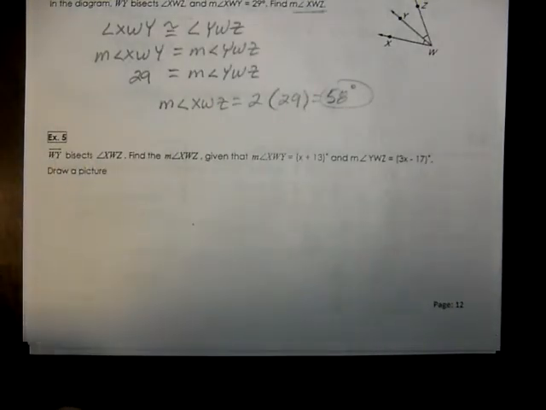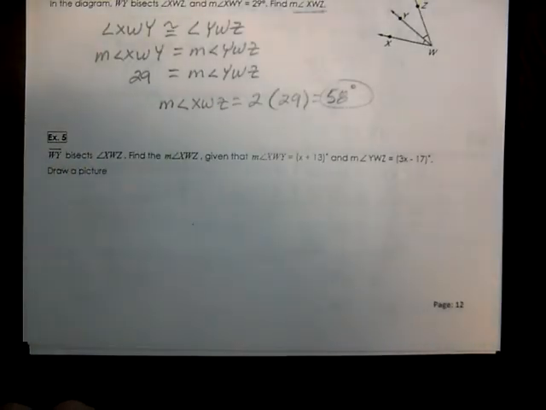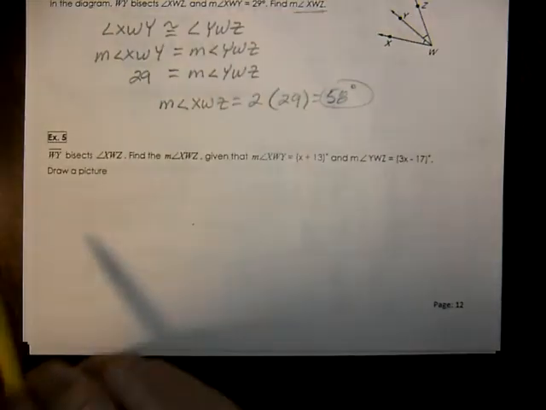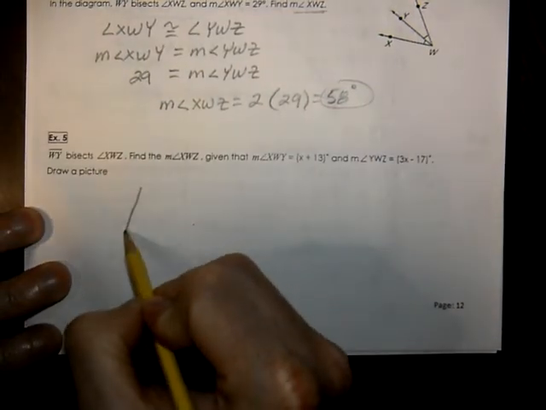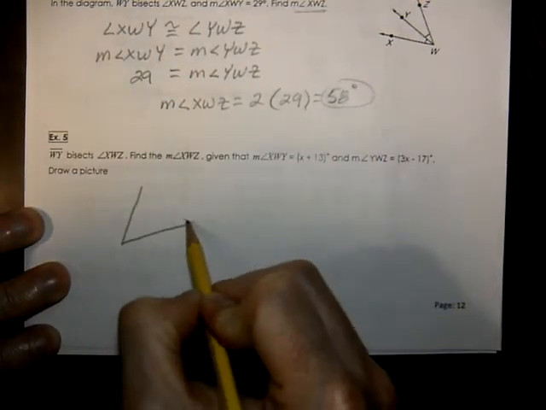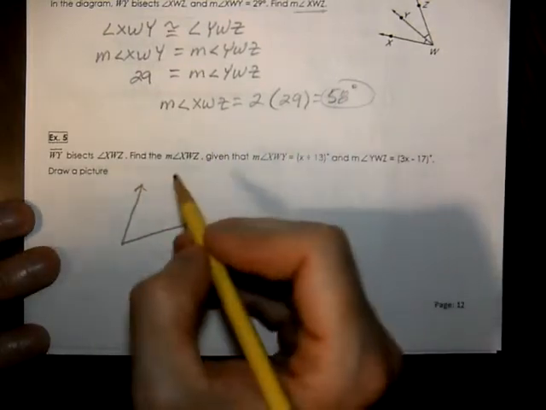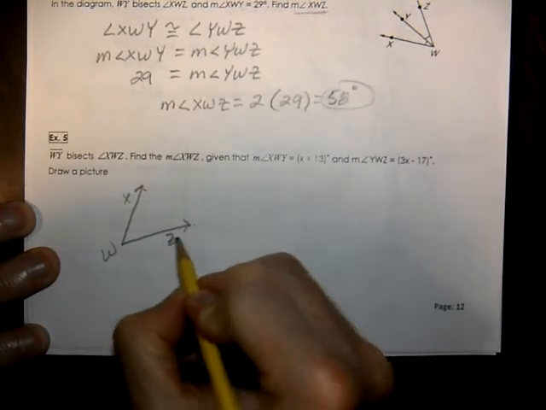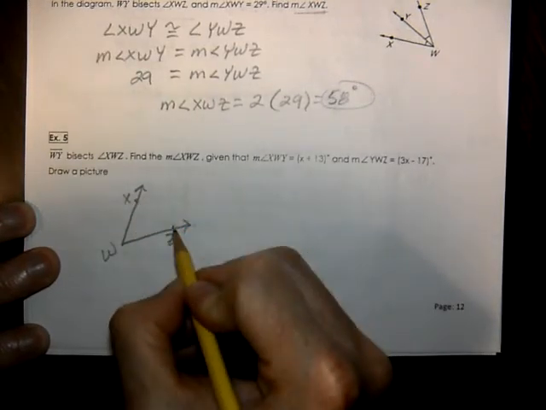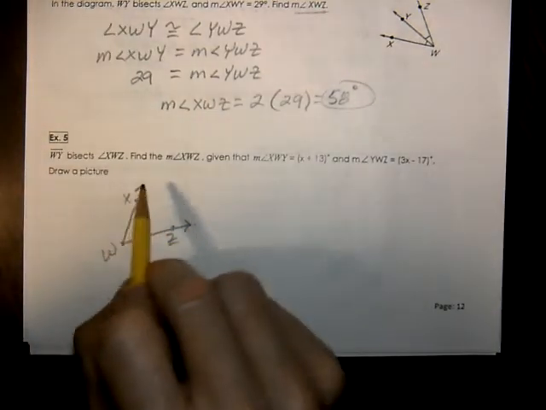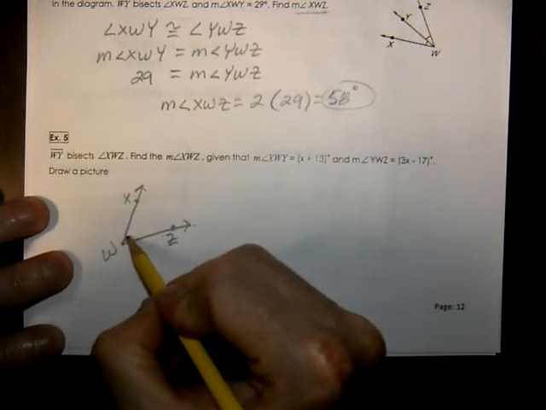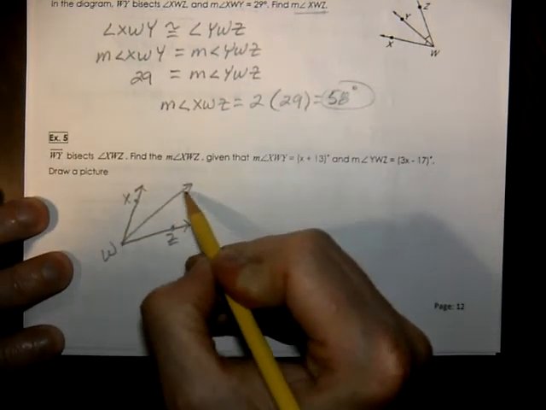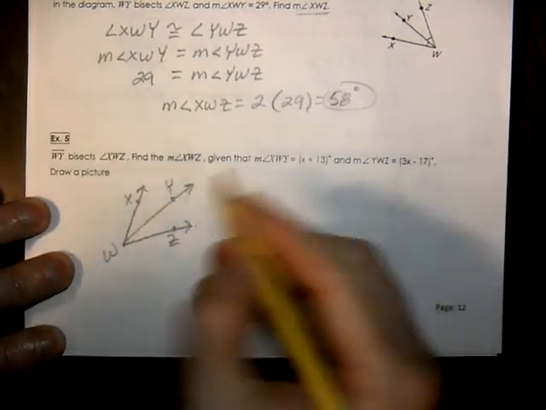What's different about number 5? There's no picture that's drawn. So we're going to start out with our picture, and we'll call that X, W, Z. And we have WY that bisects it.